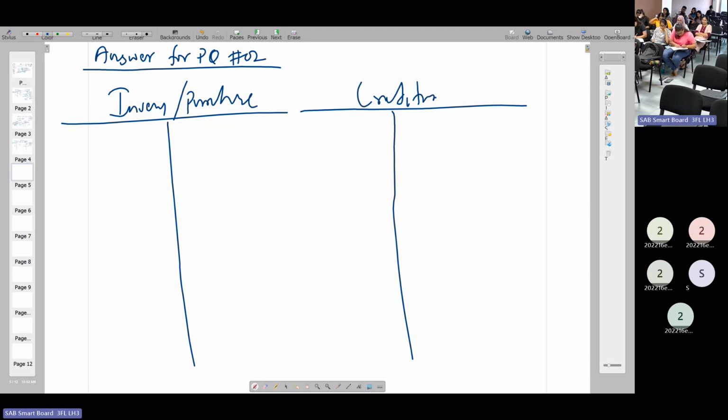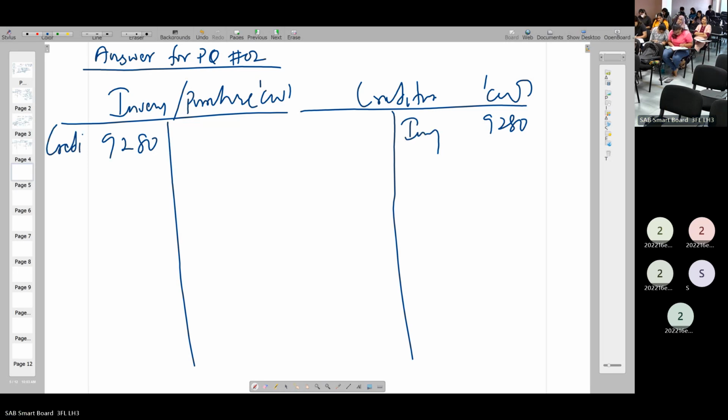Purchase date again, transaction date again, 9 million 80. All values are in thousands. Here inventory, here creditor. Right.